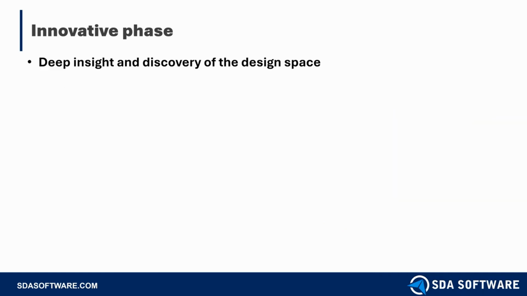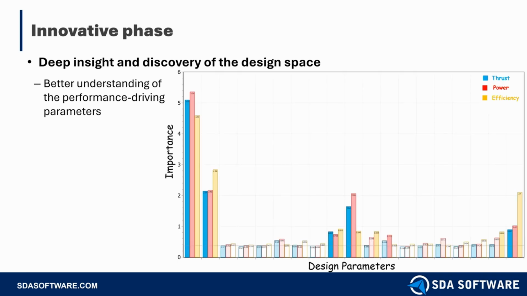But right now, I also want to talk about not just how efficiently HEEDS helps you post-process, but the depth it offers. HEEDS really offers you deep insight and discovery because it helps you better understand performance driving parameters. If we look at the importance plot again, this one is directly on the propeller blade, we're going to see that the top bars correlate with key performance indicators like thrust, power, and efficiency.